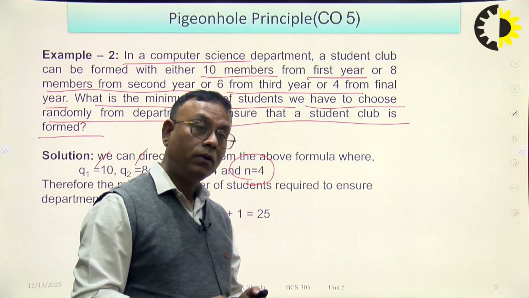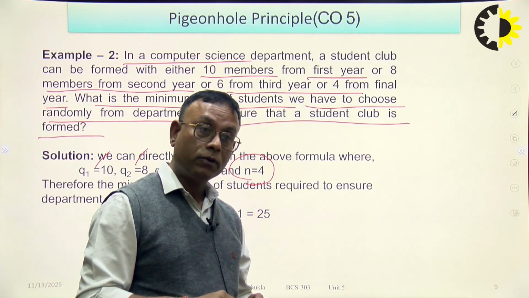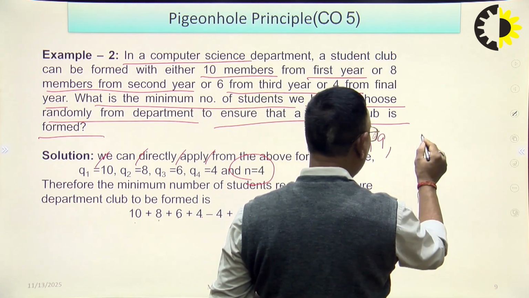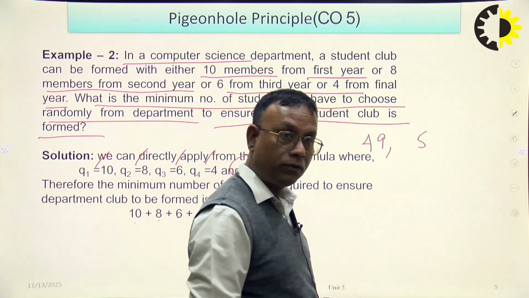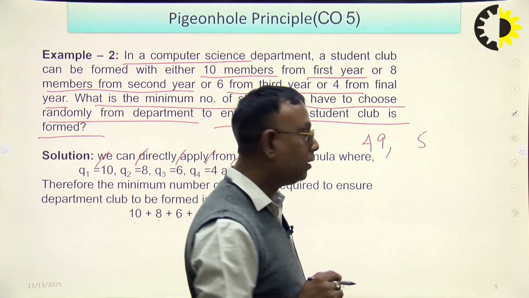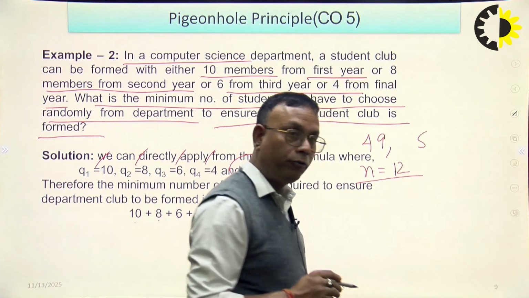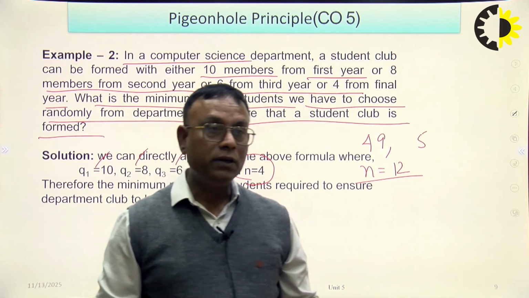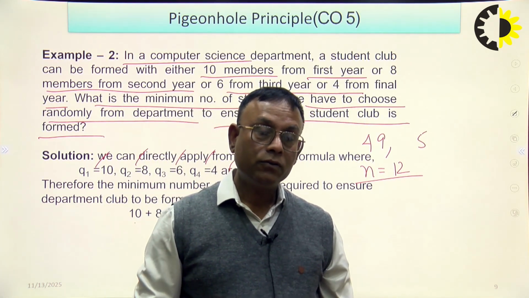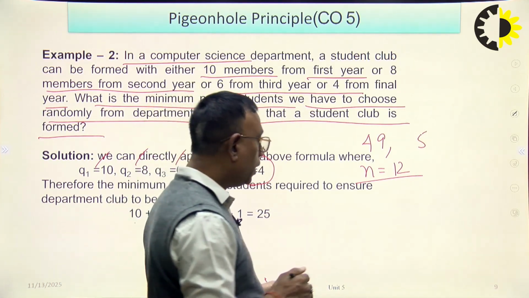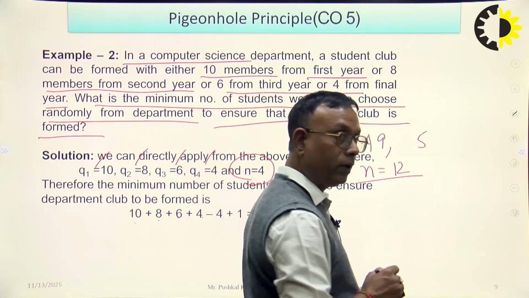So how does the generalized pigeonhole principle work? Out of 49 students, 5 of them can be born in the same month. In this example, the number of pigeonholes is 12 because in a year there are 12 months and students can be born in any month. So there are 12 pigeonholes and 5 of them can be born in the same month.